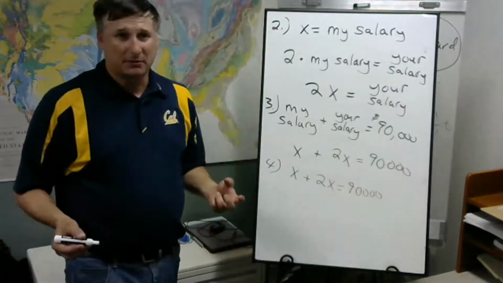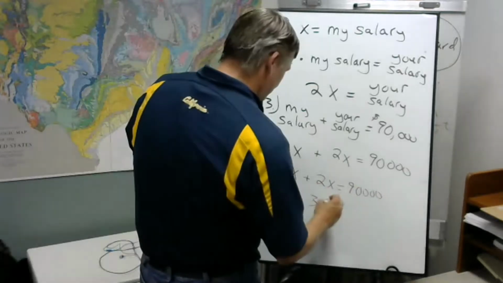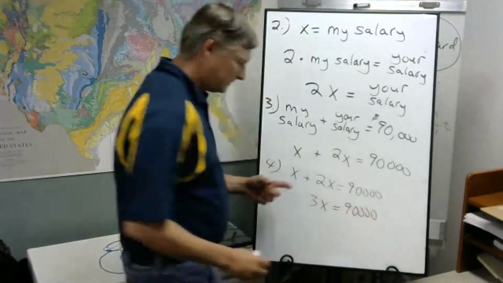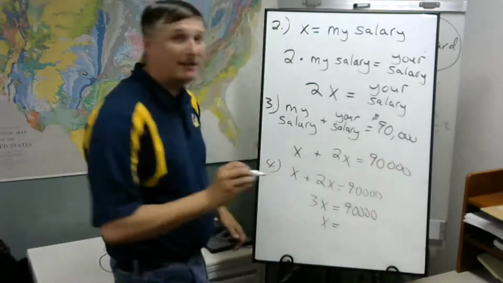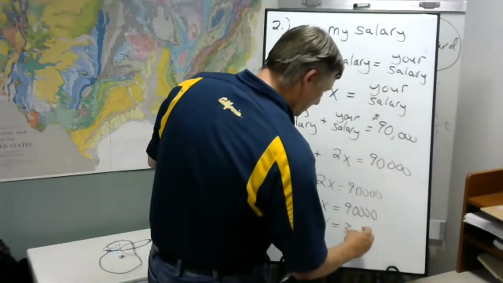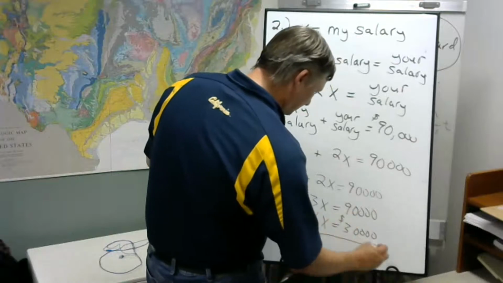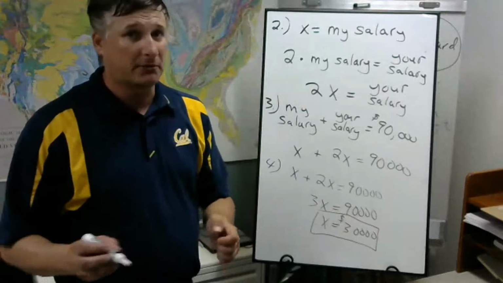So if we add the x's together, combine like terms, we get 3x. Divide both sides by 3, and we get x, or my salary, is $30,000. Now we're not done. We need to find your salary.